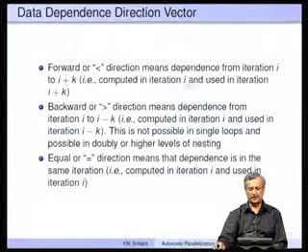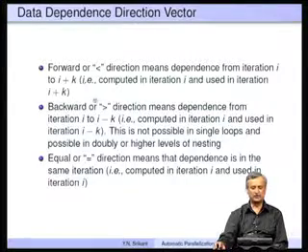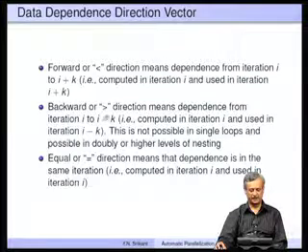So, computed in iteration I and used in iteration I plus k. That is why this is called a forward dependence, and this less than is a relationship between I and I plus k. I is less than I plus k, that is why the symbol is less than, but it is read as a forward dependence. The value is carried forward in the iteration space. Backward dependence is denoted as greater than.